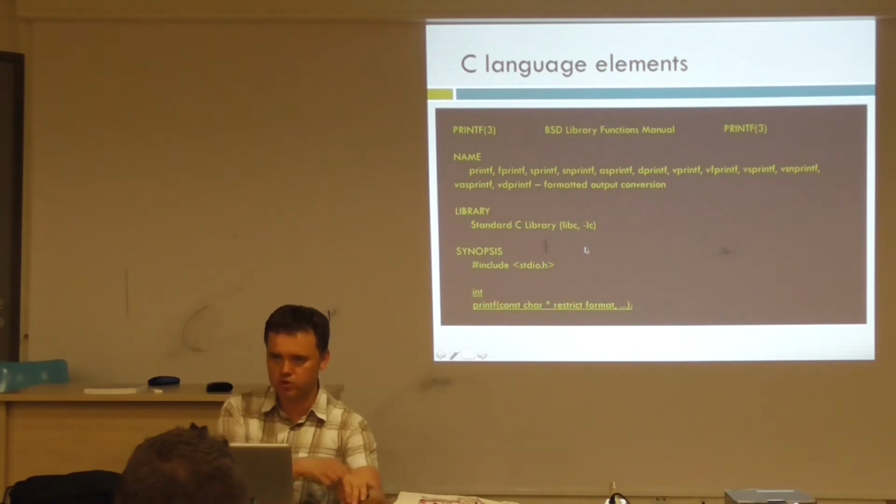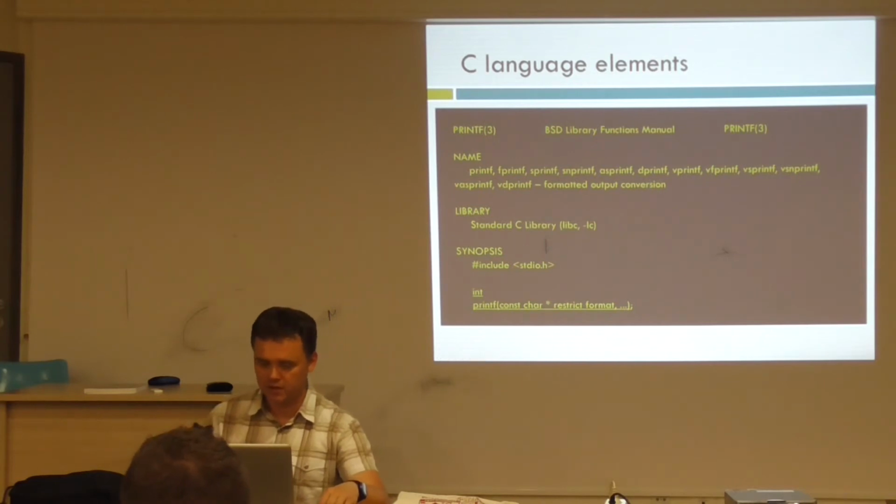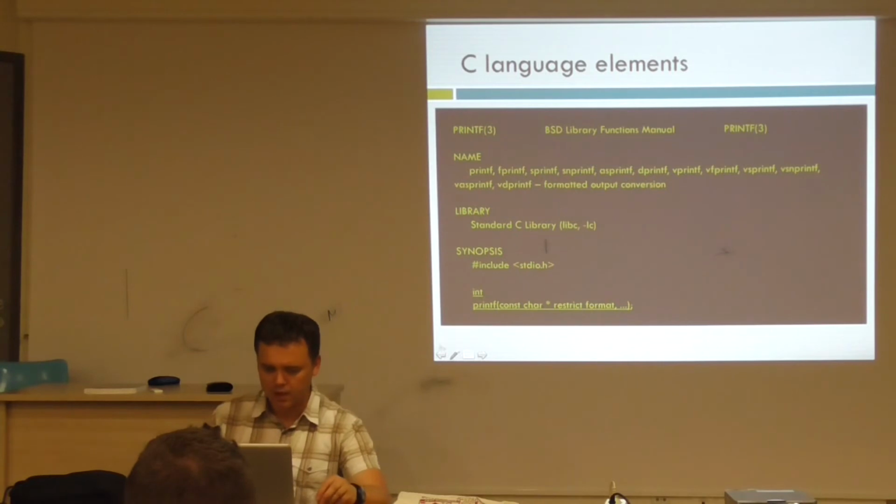So if we want to use the math library, the name is libm.a, for instance, we should use -lm, because m is only one letter after this prefix. Lib is a prefix of this library.